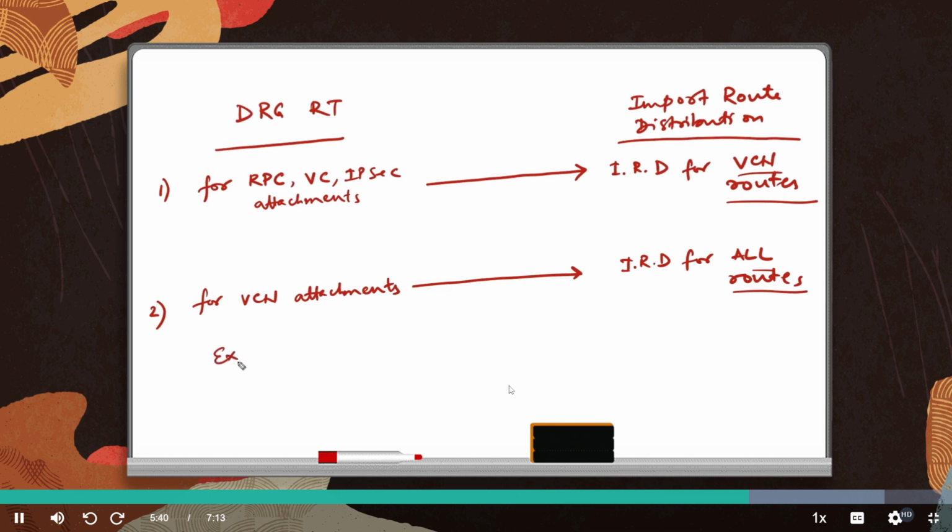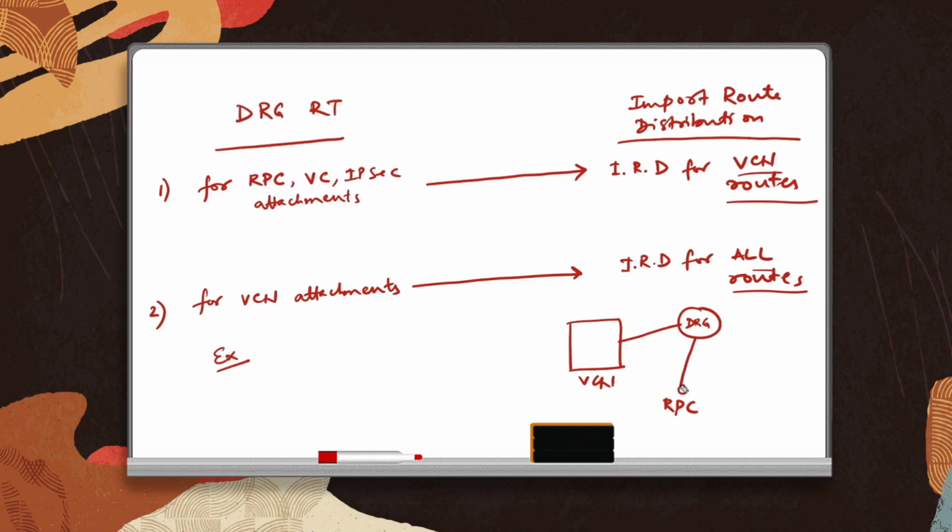And I will give you an example to help you understand. Let's say this is a VCN and this is a remote peering connection. Now let's say this is your dynamic routing gateway. First you attach this VCN, that means it is a VCN attachment, and then it is a remote peering connection attachment.